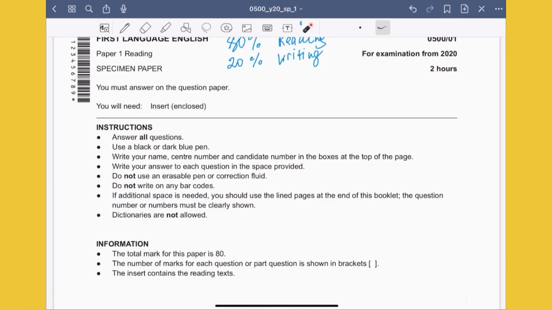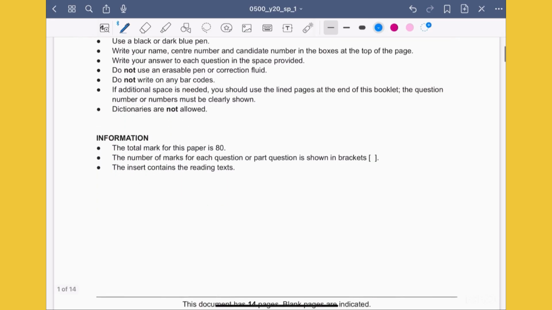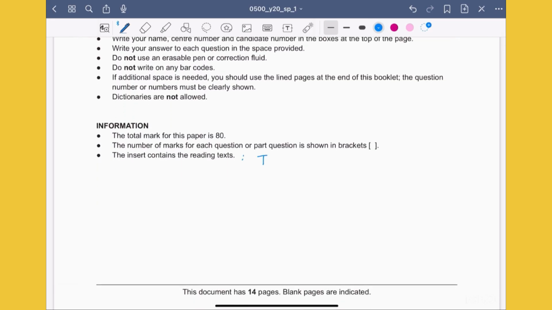Together with this question paper, you will also be given an insert. What is an insert? It's a separate set of paper. It contains the reading text. So for Paper 1, you will have 3 texts.